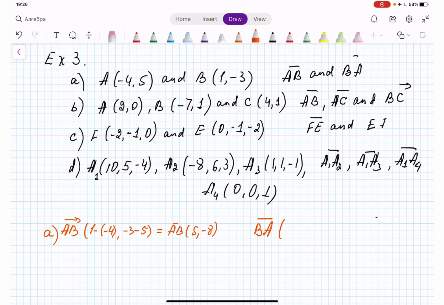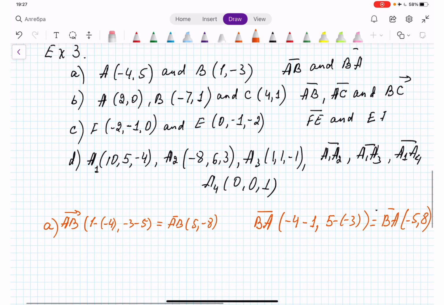It's going to be negative 4 minus 1, 5 minus negative 3, and we get the coordinates of BA: negative 5 and 8. Okay, next one.